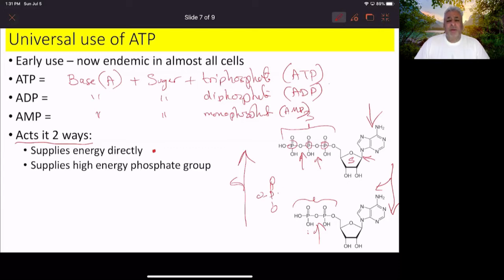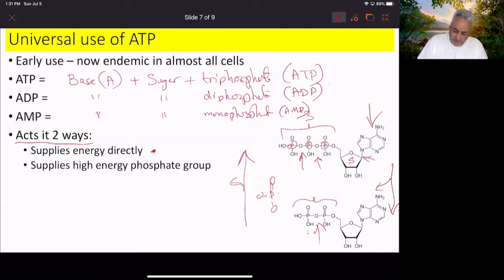The breaking of either one of those bonds can be used to directly drive a reaction that requires energy, a reaction where energy needs to be supplied in order to make that reaction work. So by just breaking the bond in the vicinity of the other molecule, that molecule can then capture some of this energy and perform its manipulation.